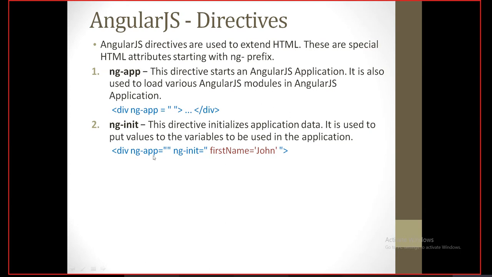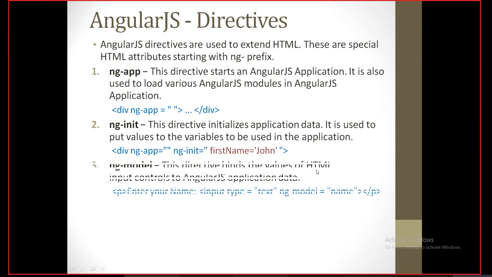For any AngularJS application, whenever we define that application using any tag, for example div, there itself another attribute, ng-init, is defined, and as its value we can initialize all the application data variables in this fashion. Understood? So the name of the application data variable and the value. That is the use of ng-init.